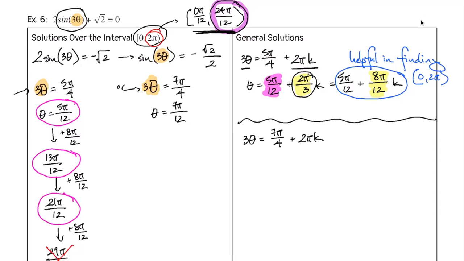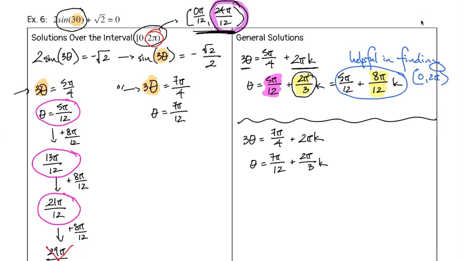So how do I achieve that? How do I get this to say theta equals and not 3 theta equals? Yeah, we're going to divide by 3. Okay, so when we divide by 3, we're going to get 7 pi over 12 plus 2 pi over 3.